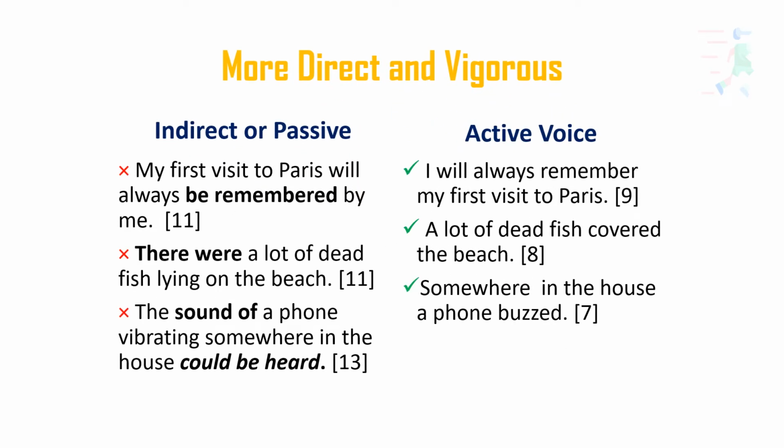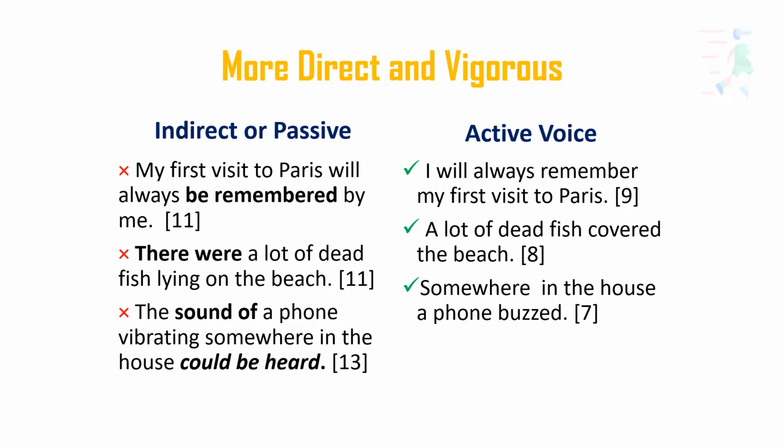Okay, that's enough theory. Let's look at some examples. I'll first read the indirect or passive voice and then contrast that with the more potent active voice. Related to the passive voice are indirect expressions such as there plus to be or it plus to be.